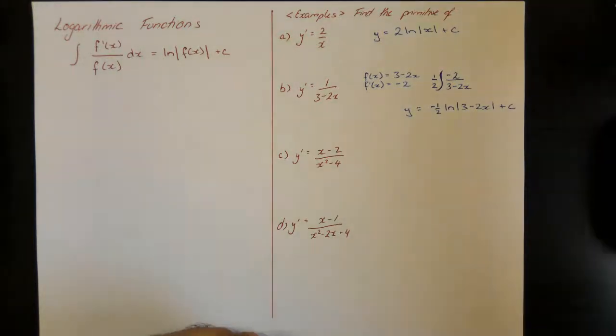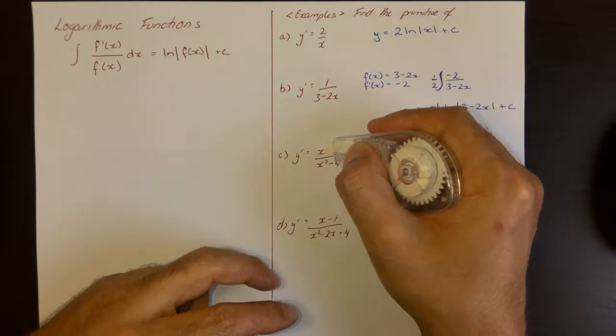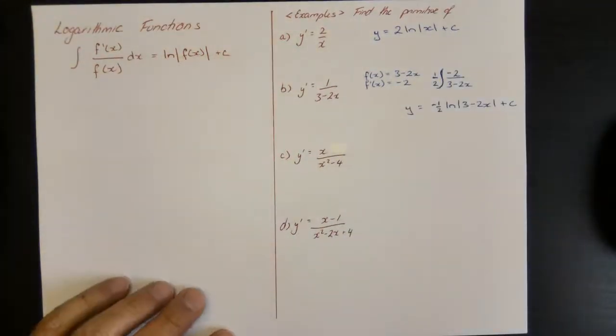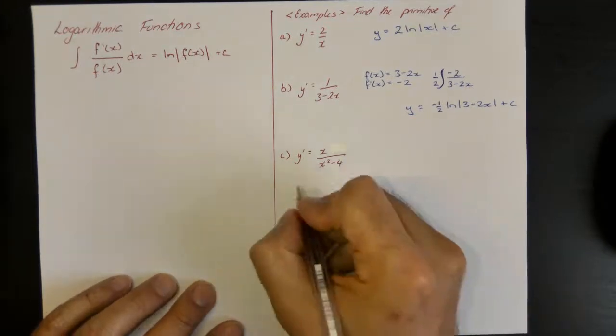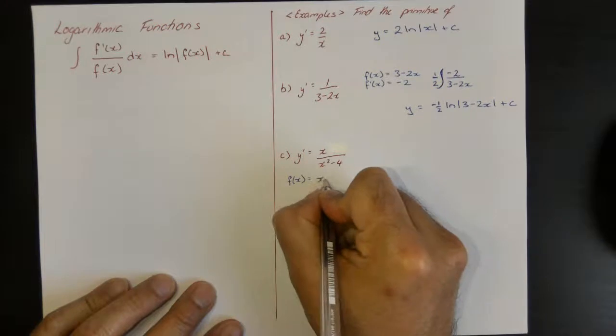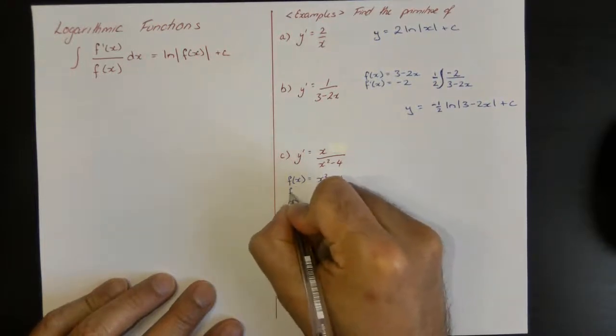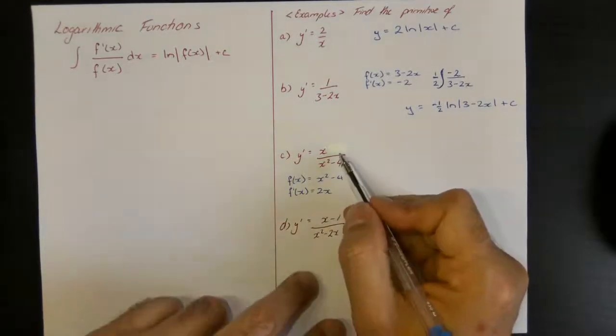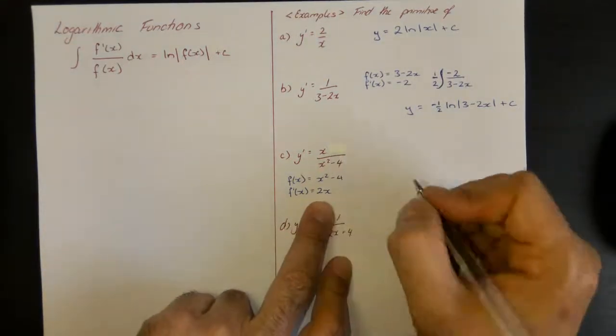Okay. Now this one I made an error because it should be x over x squared minus 4. Okay, so if f of x is the denominator, f dash of x is 2x, which is very similar to here, but I need an extra 2.